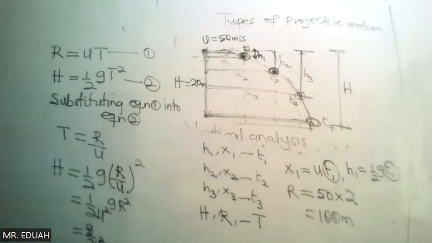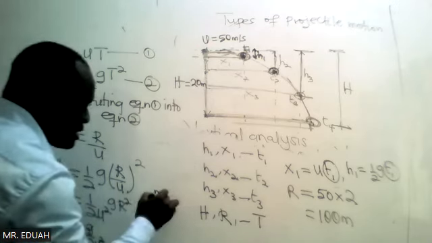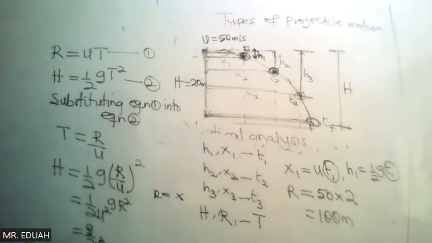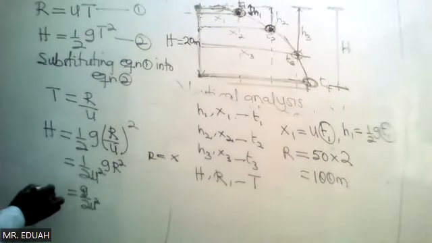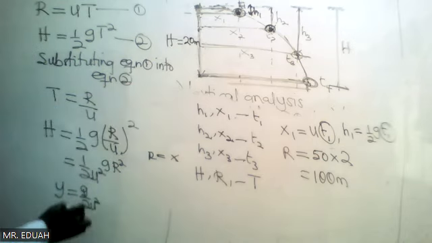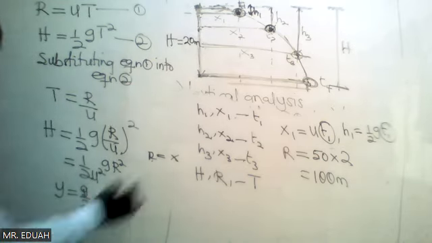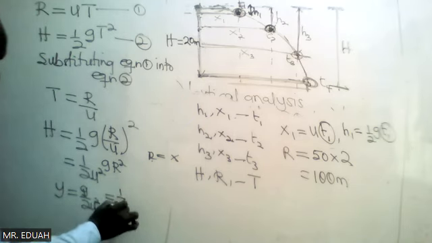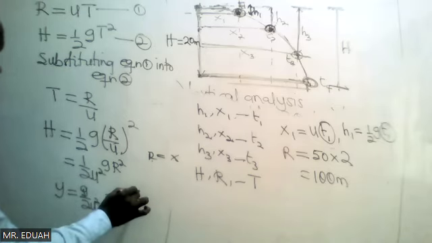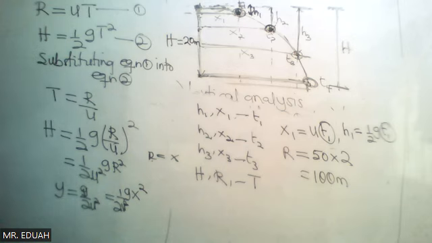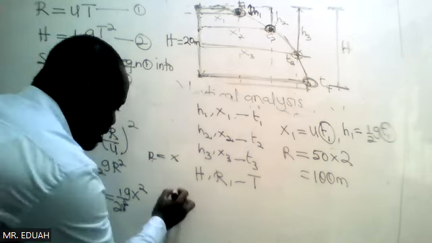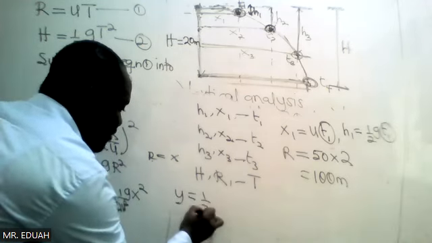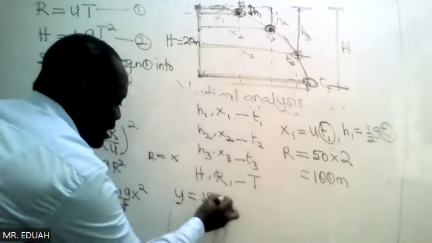Now, because range is X along the X axis and H is along the Y axis, we let H be Y, vertical, and let R be X. So the equation becomes Y is equal to J over 2U squared times X squared.